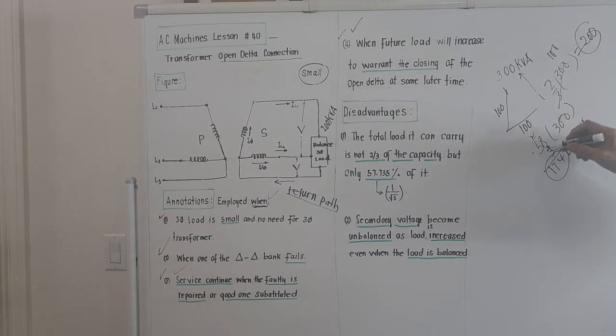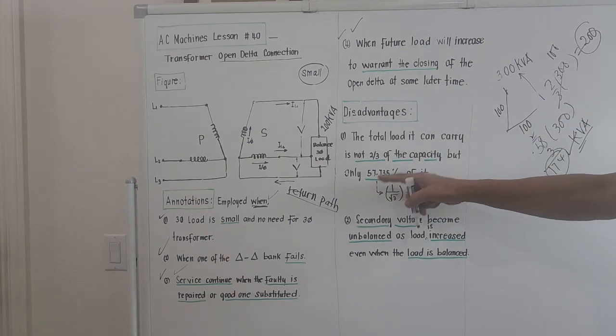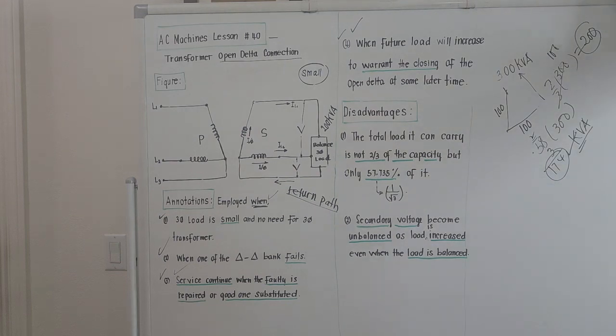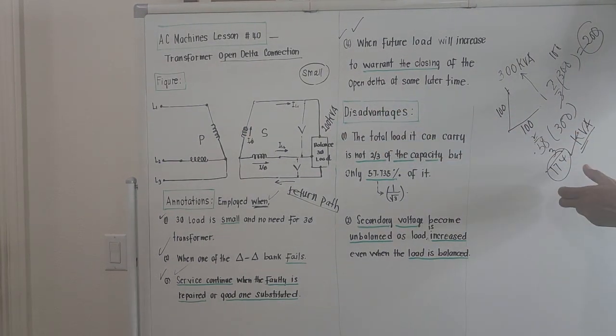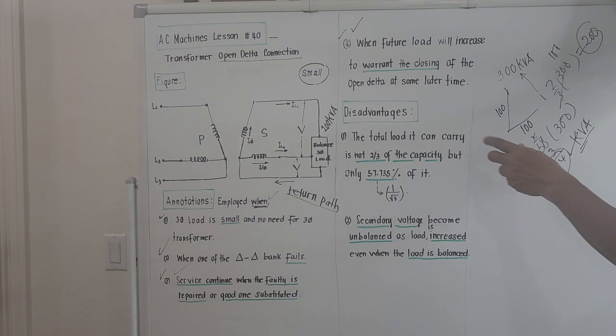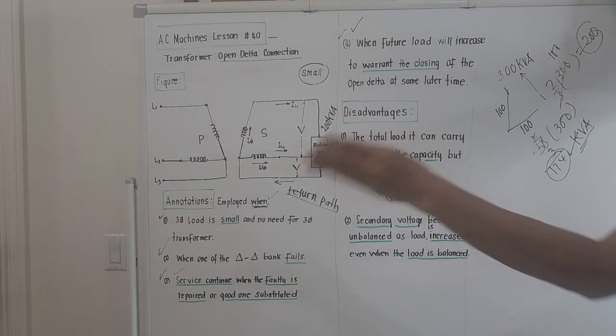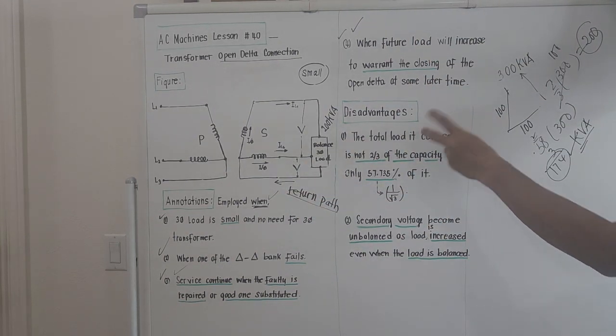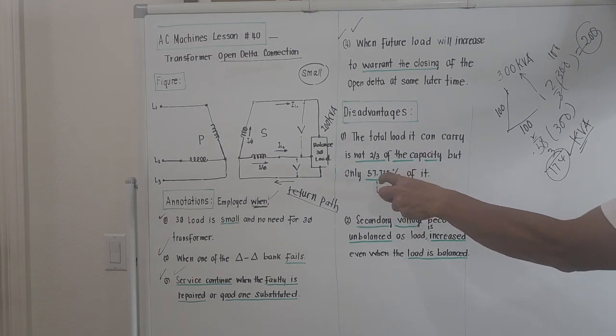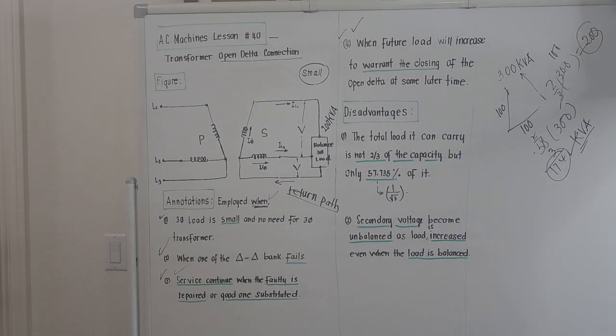Okay? That is 58%, or 0.57735. So for an open delta, there is a discrepancy of around 26 kVA instead of delivering the full 2/3, 200 kVA. That's the meaning of this. The next time around, I will bring out the formula for how come it is only 57.735%. Okay?